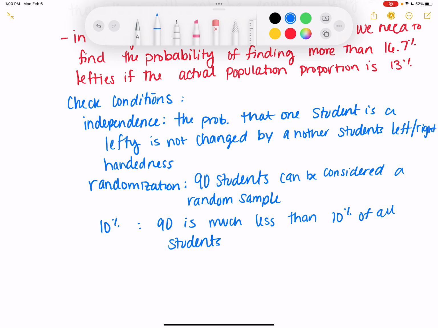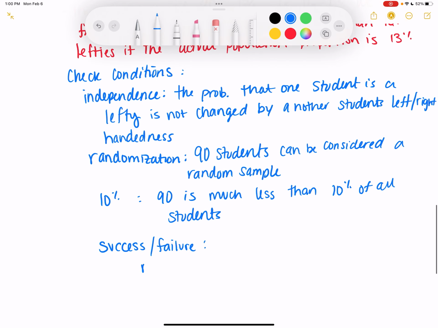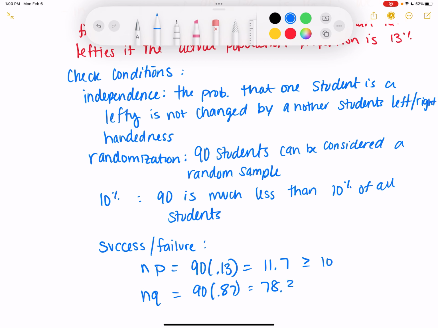And then checking for success/failure. A lot of times I will end up just writing that as SF. N times P is 90 times 0.13, which comes out to be 11.7, which is greater than or equal to 10. And then N times Q is 90 times 0.87, which is 78.3, which is also greater than or equal to 10.